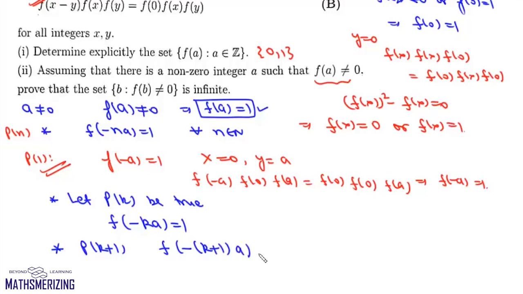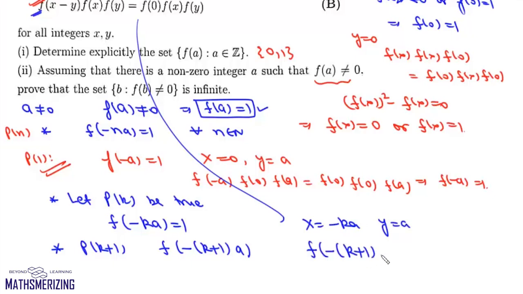For that, in this second equation, we'll put x as -ka and we'll put y as a. We can write f(-(k+1)a) into f(-ka) into f(a) will be equal to f(0) into f(-ka) into f(a).